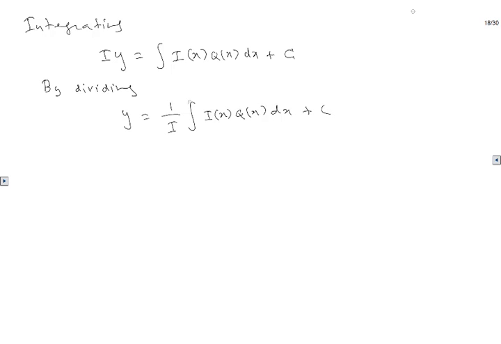We make sure to put parentheses around it because there's a c there. So that's it, we get the solution, but the only thing we need is to find I. Once you know I, we have the solution. We already have the solution, but we don't know what I is.